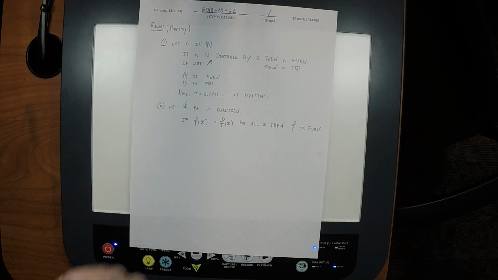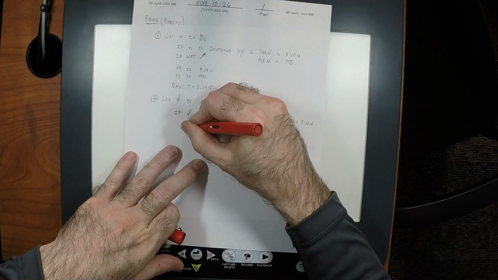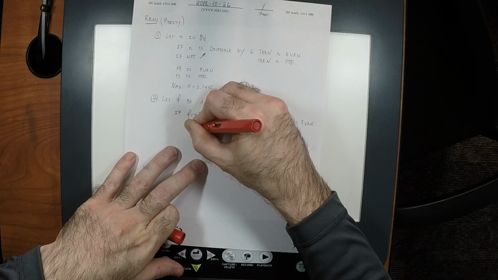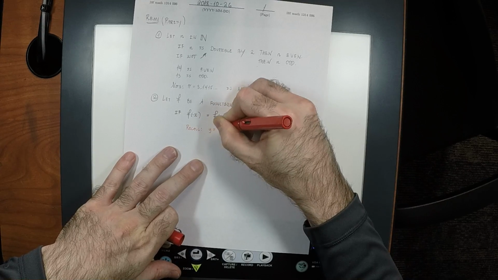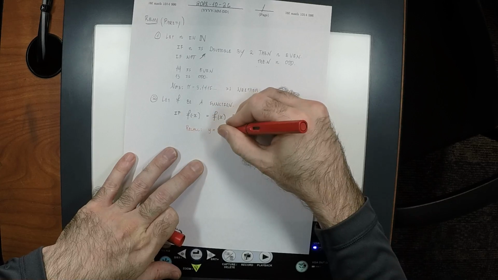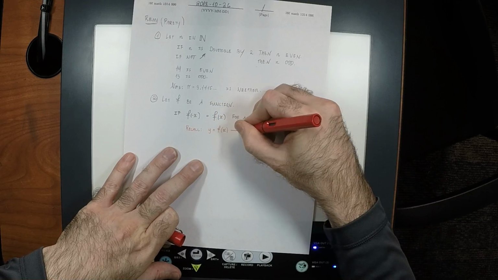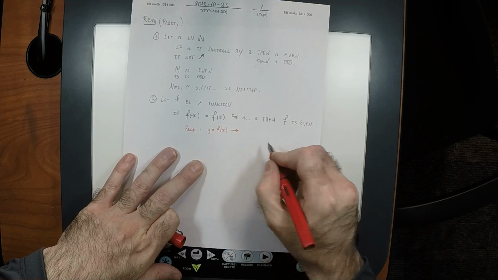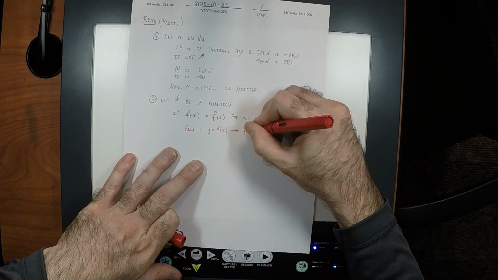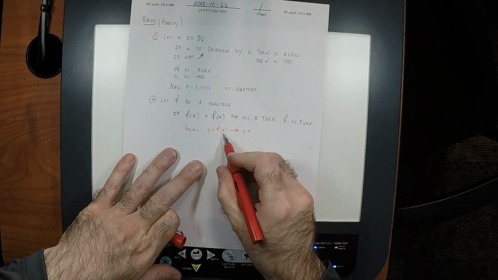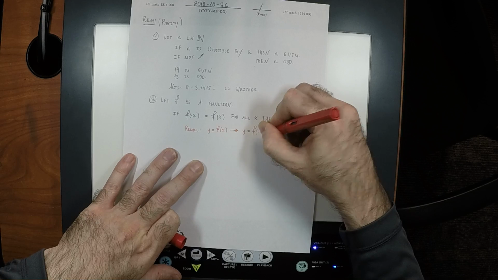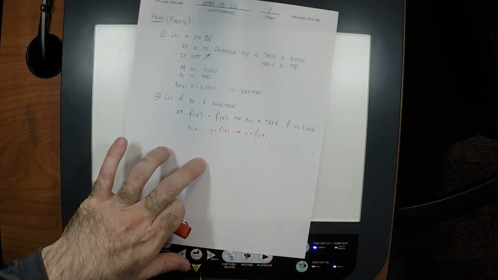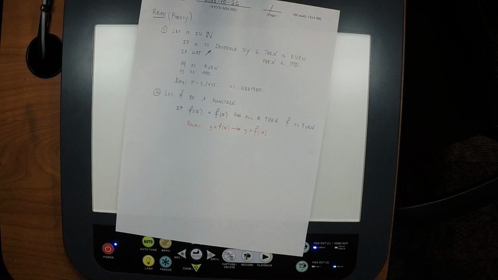So as an aside, recall that last time we said, well, if you take a function and graph it, y is f of x, and then you mess with it and you say that I'm going to leave the y as it is, but I'm going to negate the x, like that. So when you do that, there's a name for what you've done.